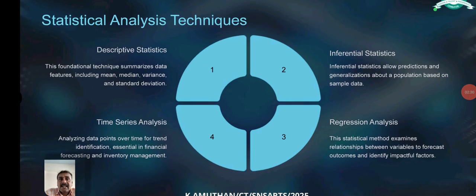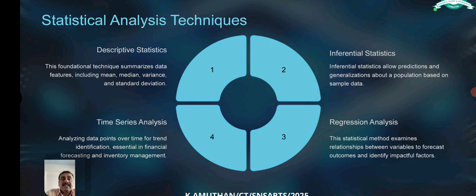Statistical analysis techniques: there are four types of analysis. One is descriptive. This technique summarizes data features including mean, median, variance and standard deviation. Then inferential statistics, which allows predictions, otherwise called predictive statistics, and generalization about the population based on sample data.